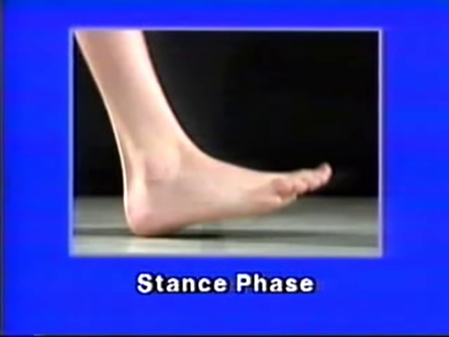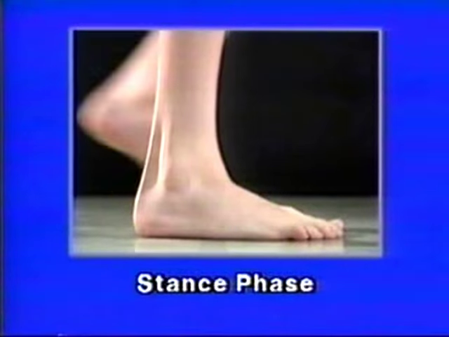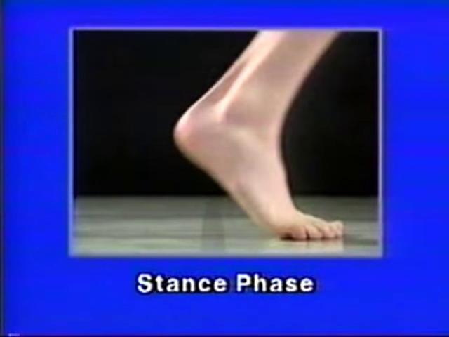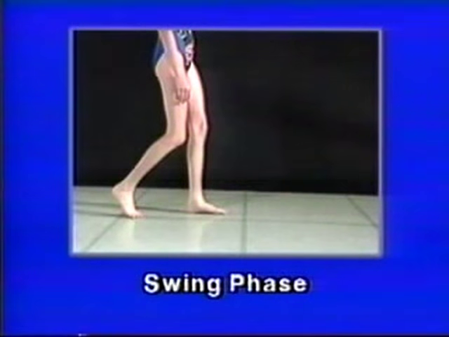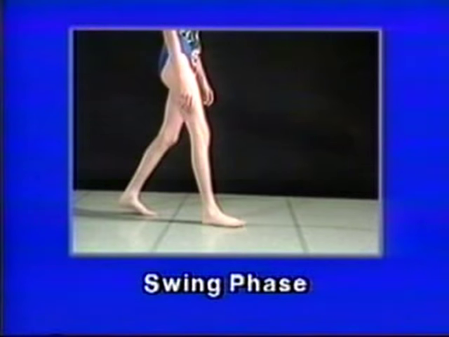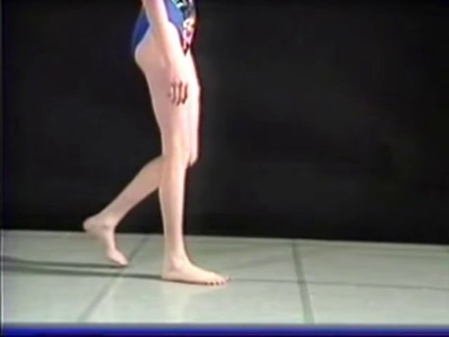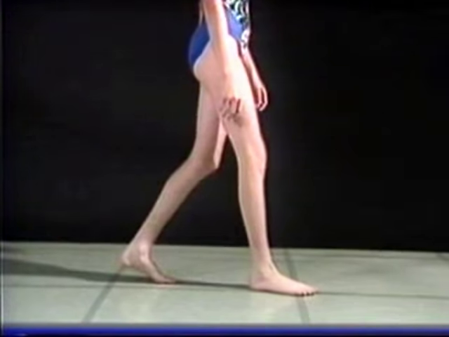Stance phase begins with initial contact, which in normal gait is with the heel and ends at toe-off, when swing phase begins. Swing phase is defined as the period of time from toe-off until the foot hits the ground again. Each of these events in the gait cycle is defined sequentially as occurring at specific percentages of the cycle.